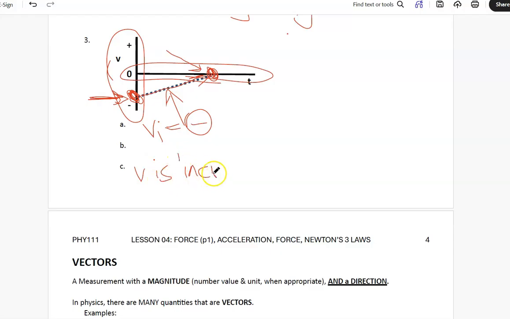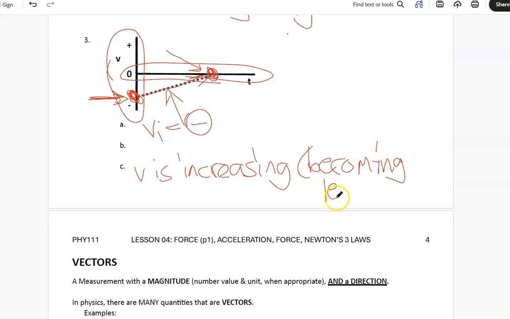It's becoming less negative. And that means that a positive increase in velocity means our acceleration is a positive value. And that's it for our thought experiment.